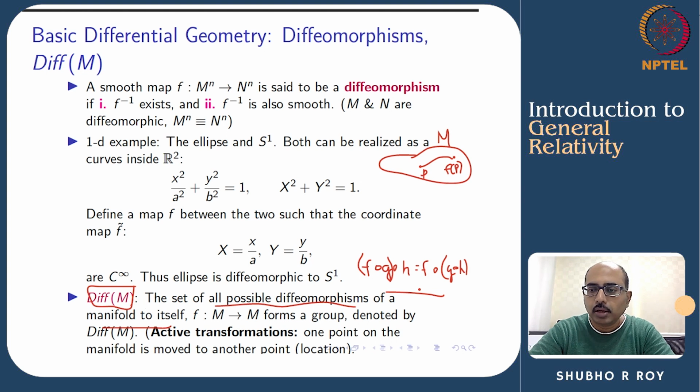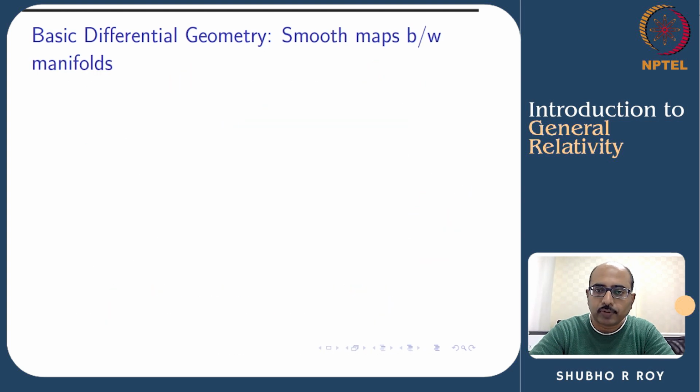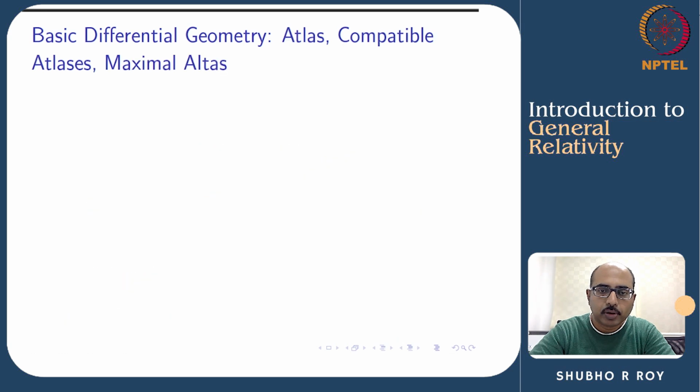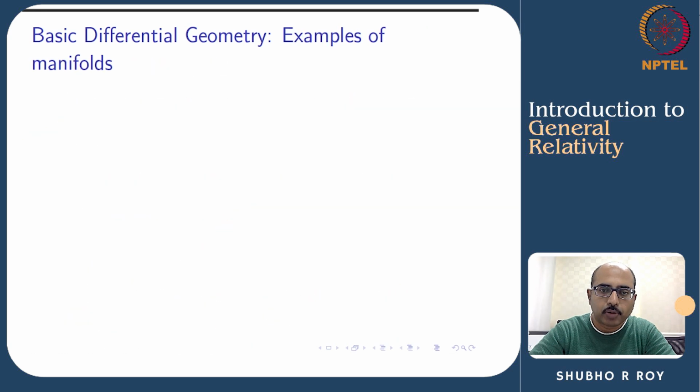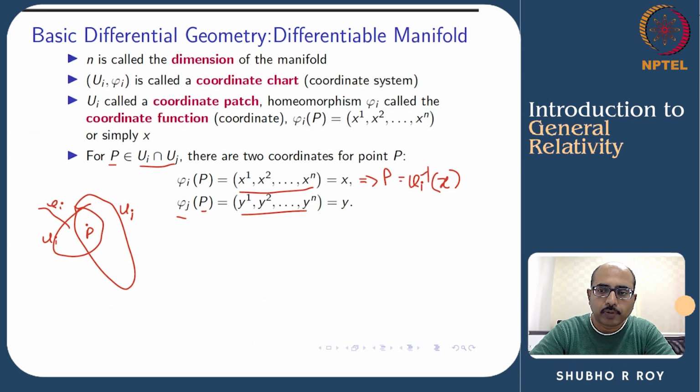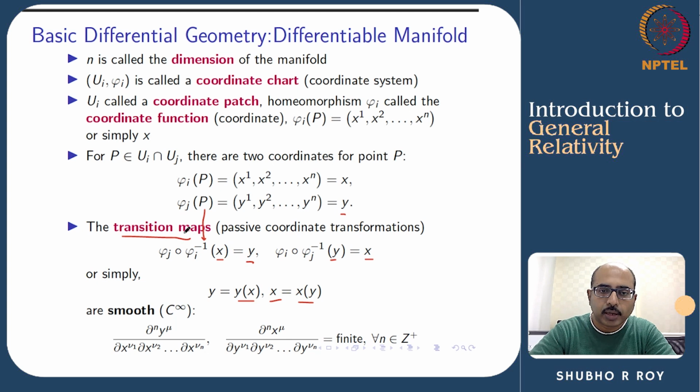All right. So let me just go back to the definition of this transition function, because I wanted to emphasize this point of passive transformations. This transition maps between two overlapping charts. So this point P will have two sets of coordinates coming from two charts.